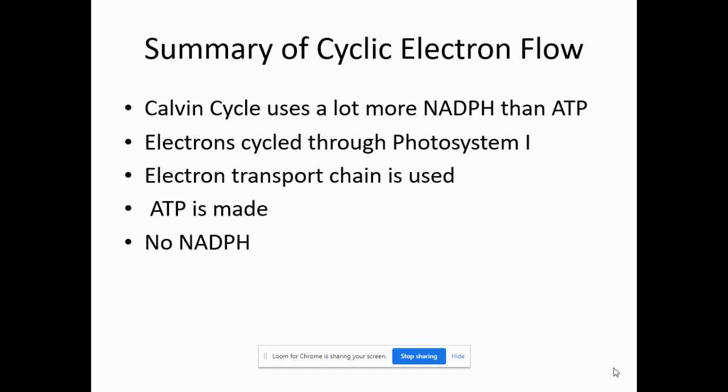All right, so you need to know the difference between cyclic and non-cyclic electron flow, and the reason why plants may go from non-cyclic to cyclic. The main reason is because the Calvin cycle uses a lot more ATP than NADPH.